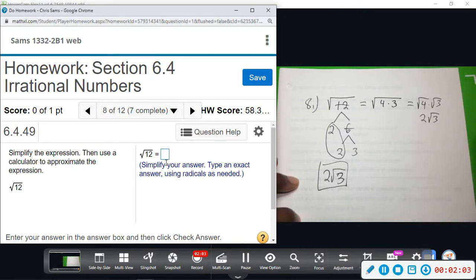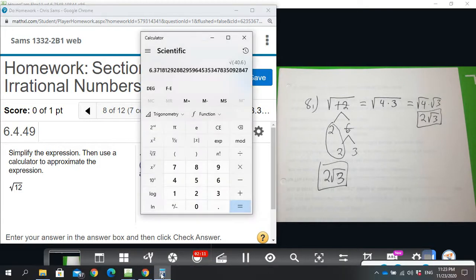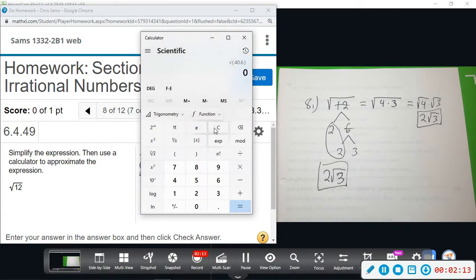Once you break it down, what I recommend, if you're doing this on a test, is that you plug it in the calculator and make sure you get the same thing. For example, I would do the square root of 12 just to see what I get. 3.4641, a lot of numbers. Just look at the first few.